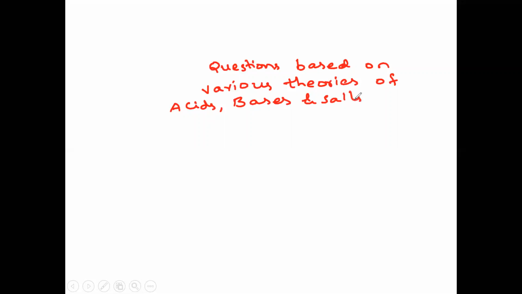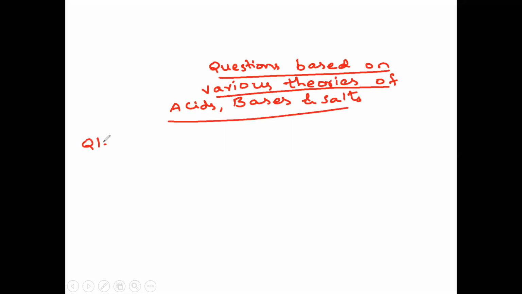We have three theories of acid, base, and salts. And next we'll do questions based on ionic product of water also, depending on the time. Now let us see question number 1. Questions based on various theories of acids, bases, and salts. First question.